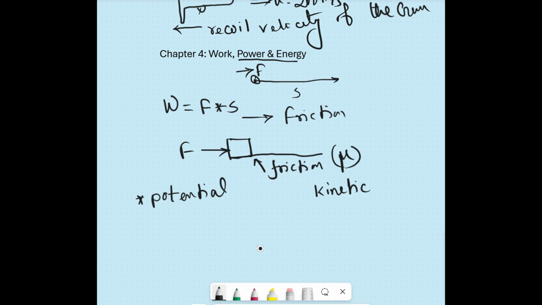So potential energy, Ep, is equal to mgh, and kinetic energy is half mv square.